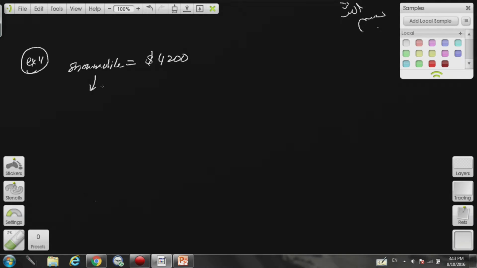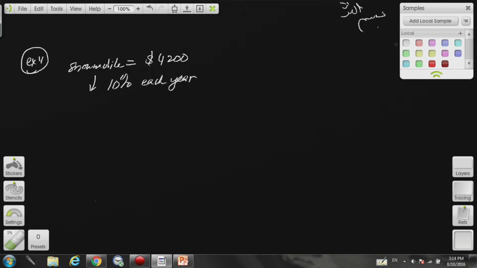And the value depreciates or decreases by 10% each year. Okay, so somebody buys a snowmobile for $4,200, the value is going to depreciate by 10% every year. The question is to write an exponential decay model giving the snowmobile's value y after certain t years.